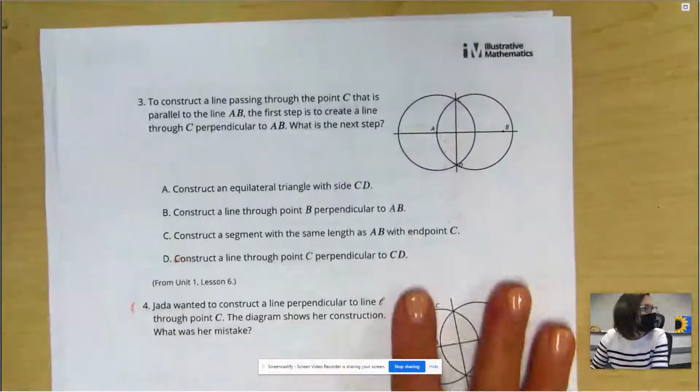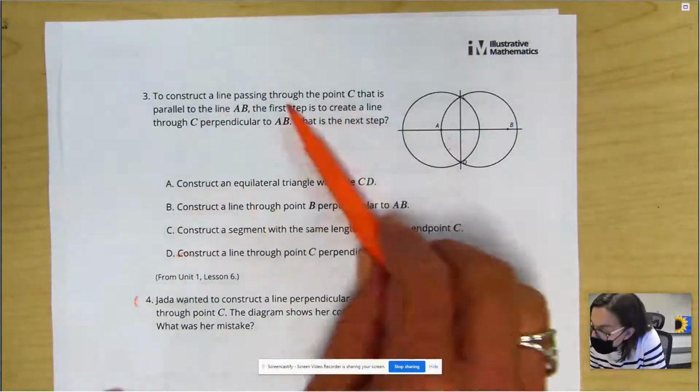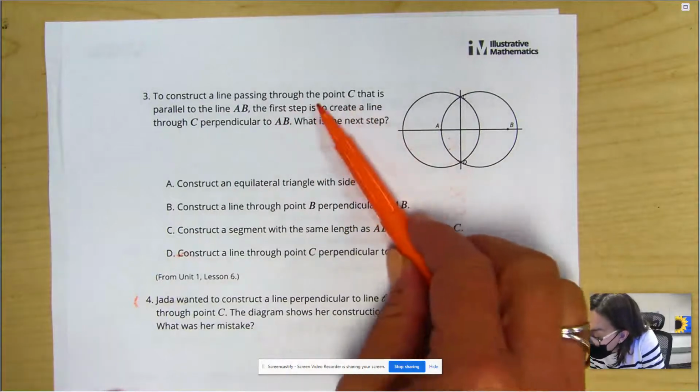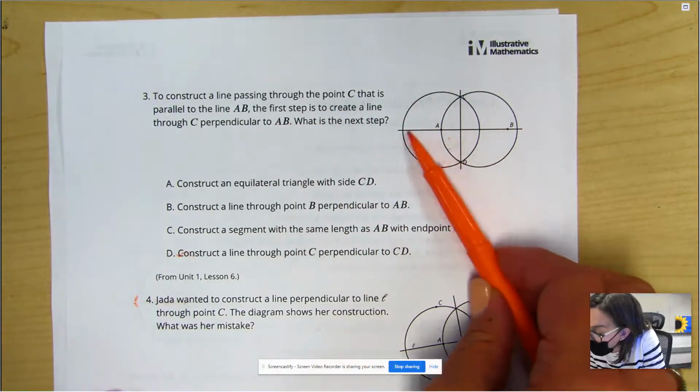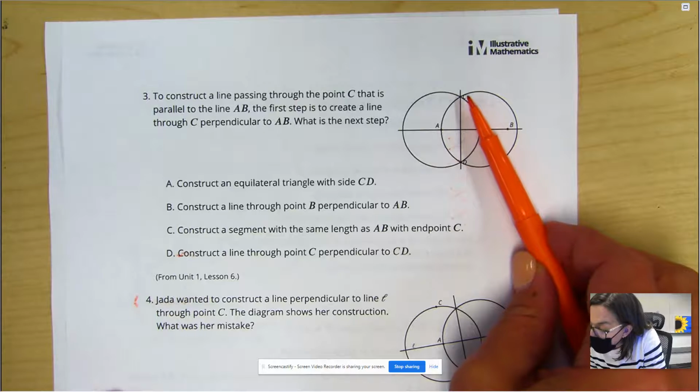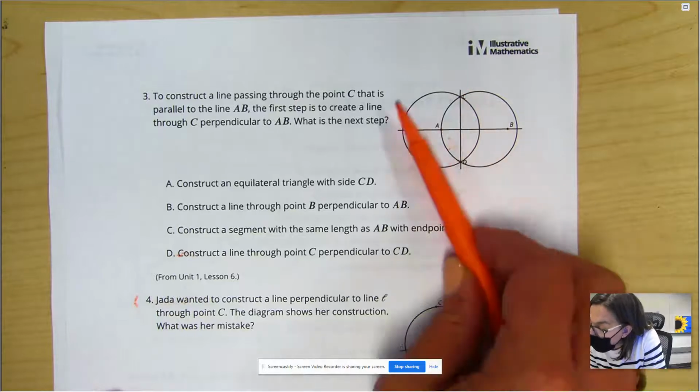Number 3, to construct a line passing through the point C that is parallel to line AB, the first step is to create a line through C perpendicular to AB. So we want a parallel line.